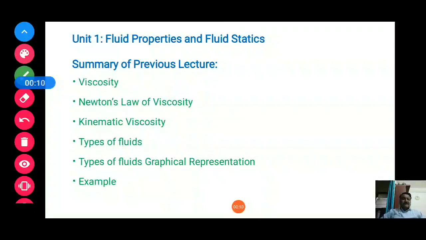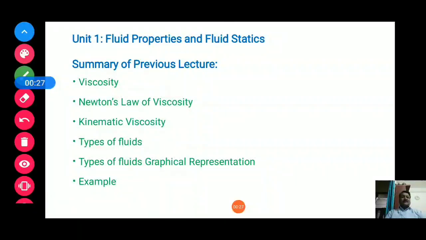Now in the previous lecture we have seen the following points. First, viscosity. Viscosity is nothing but the internal resistance of the fluid, that is the resistance between the two layers of the fluid.